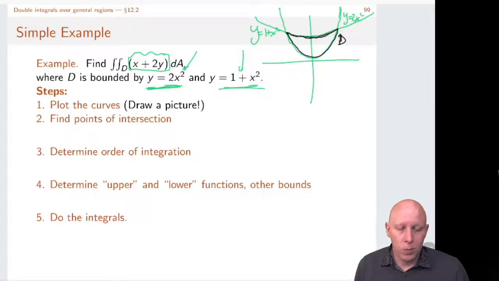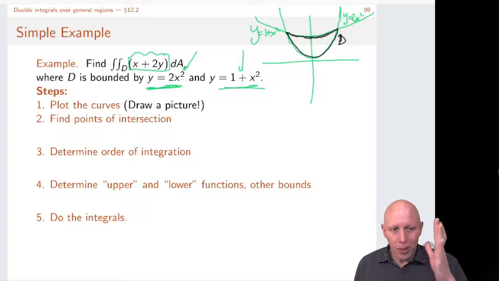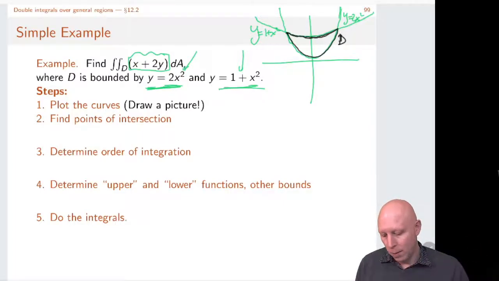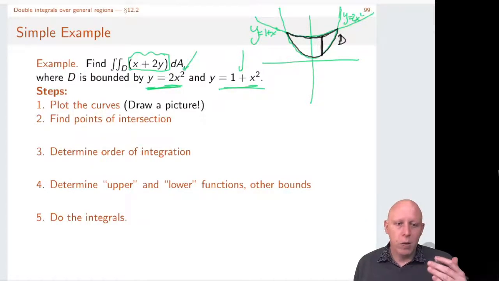Okay, so when I look at a region that looks like this, what I immediately start to think about is, am I going to do some vertical slices or am I going to do some horizontal slices? Depending on the picture, I'm going to look and see, if I put a vertical slice in here, do I always go from the same lower function to the same upper function?